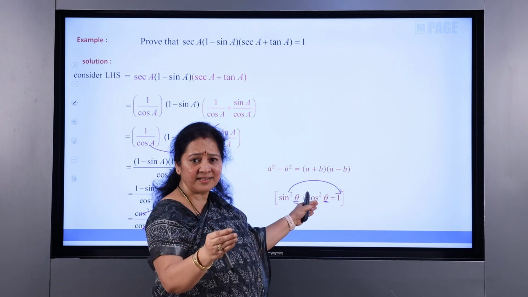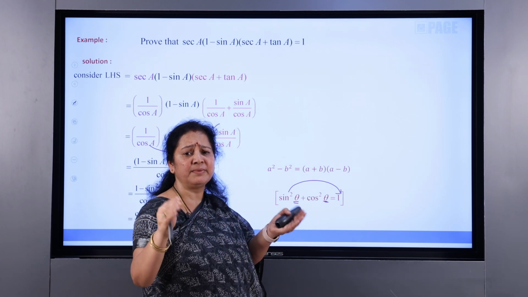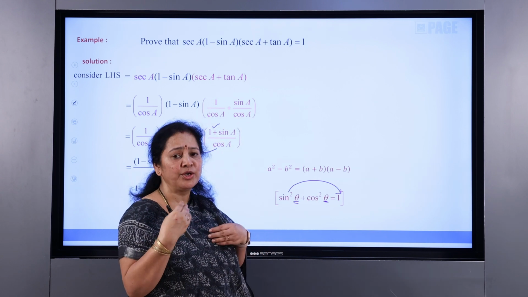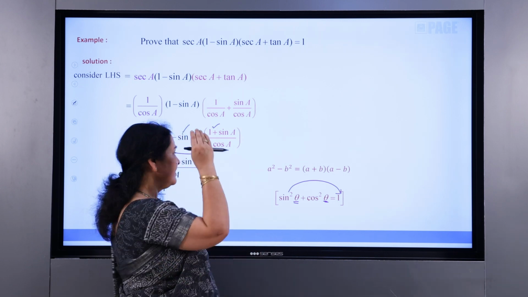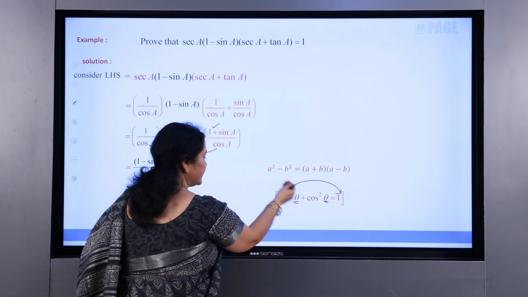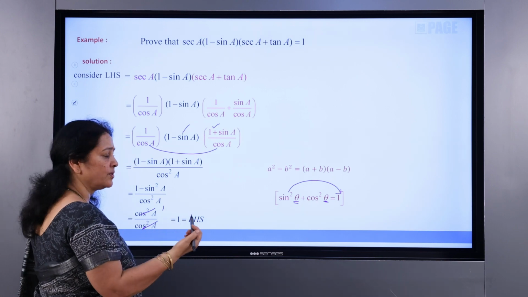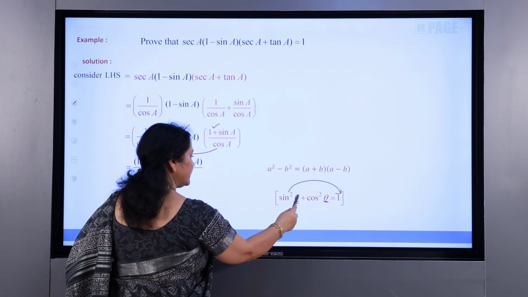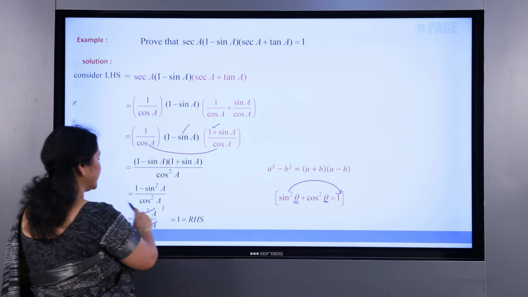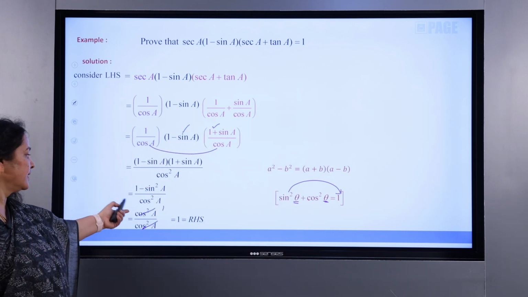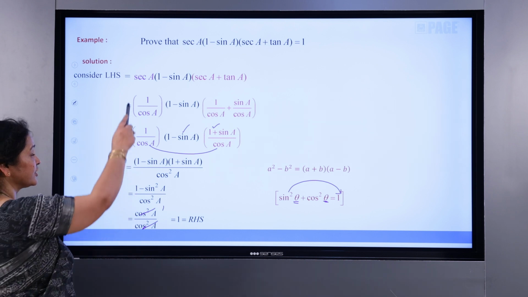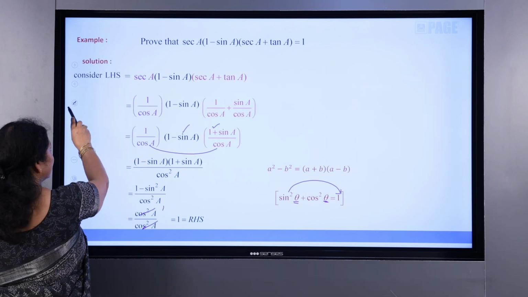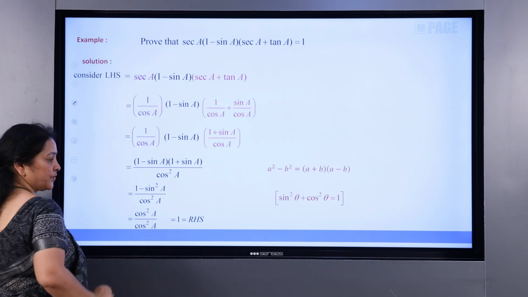So now this theta could be a, b, c, alpha, beta, gamma, any angle, the way you want you can represent. But in the given question, this theta is represented as a. So I'm just going to recollect it as sin square a plus cos square a is 1. So 1 minus sin square a could be written as cos square a, that is nothing but 1, right? So this proves that LHS is equal to RHS.